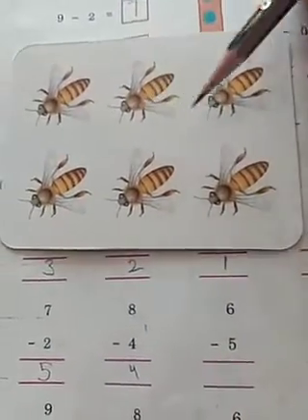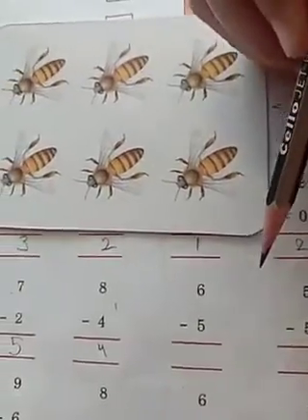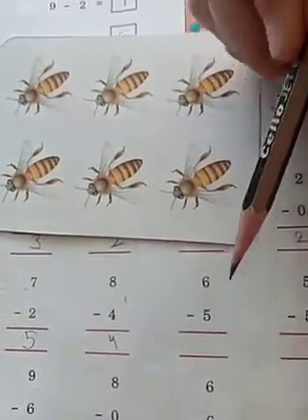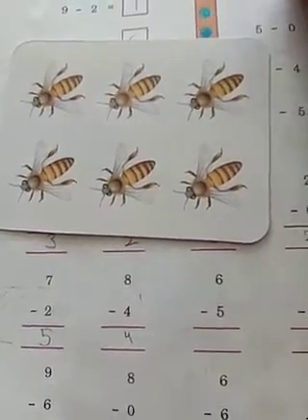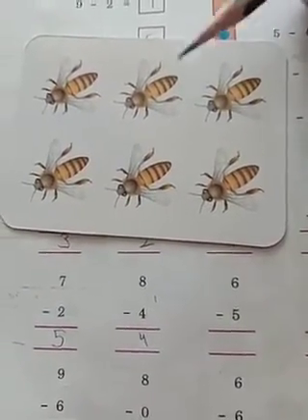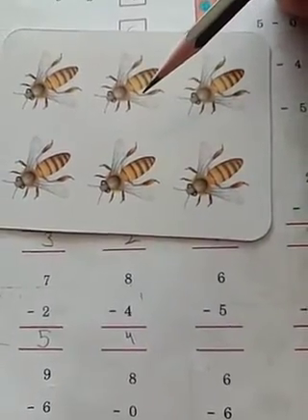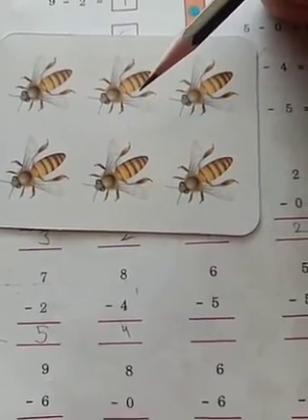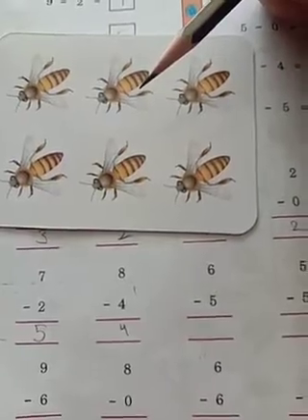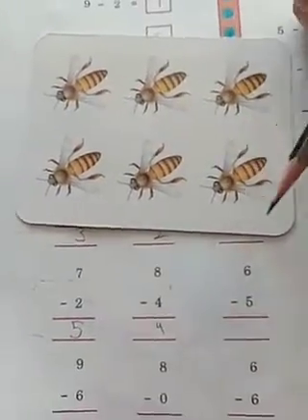Listen, children. First, count how many the up number has. Whatever number is given down, that many you cut. Whatever pictures remain, you count them and write that number only. Okay, let us start.